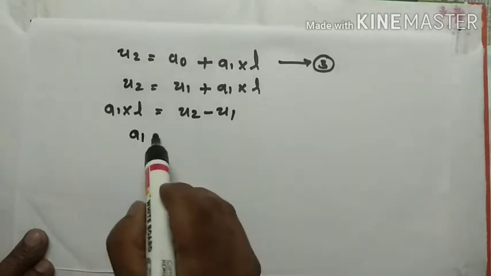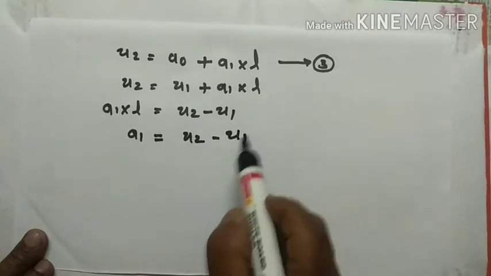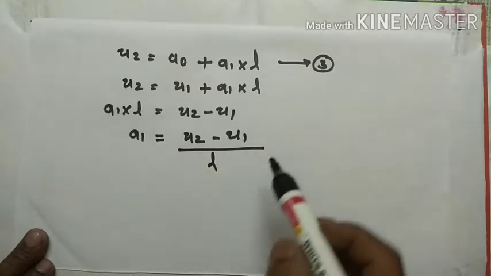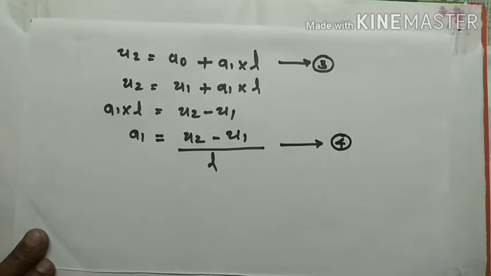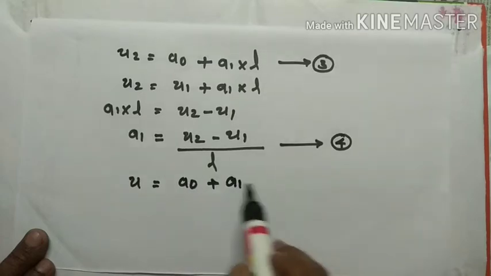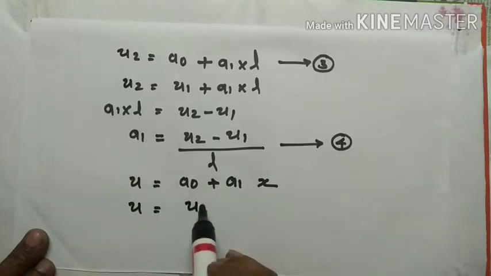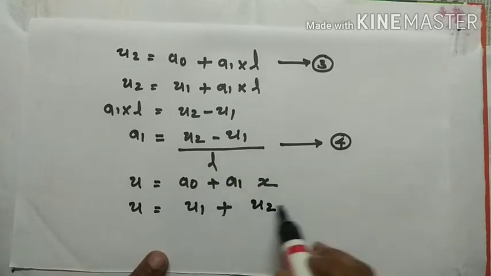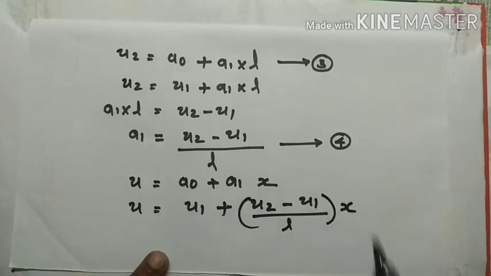That is, a1 is equal to u2 minus u1 divided by L. So this is equation number 4. So our general equation is a0 plus a1 into x. Then u is equal to u1 plus, in the case of a1, the value is u2 minus u1 divided by L into x.